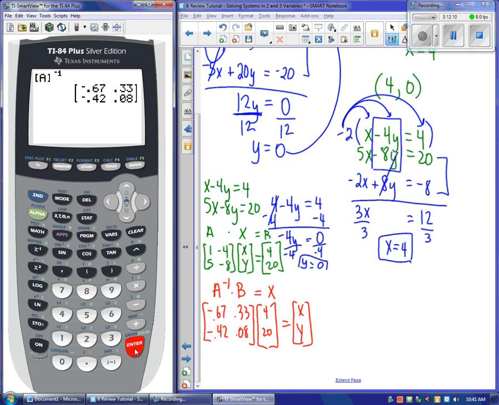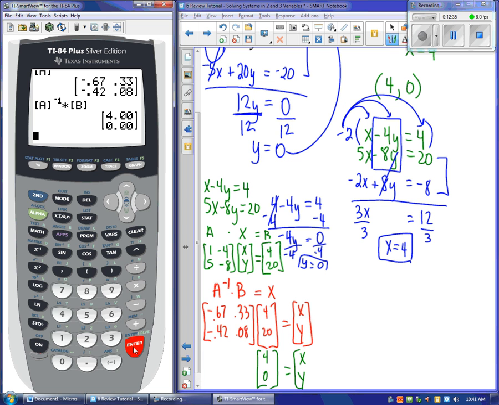And if I'm trying to figure out the solution, then I'm going to type in matrix A inverse times matrix B, and I'm going to scoot down to matrix B. And when I press enter, that will give me my solution matrix. So I know that 4, 0 corresponds to x and y. And that's what I got before.